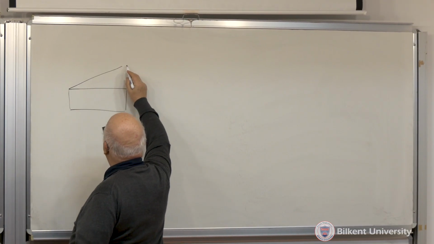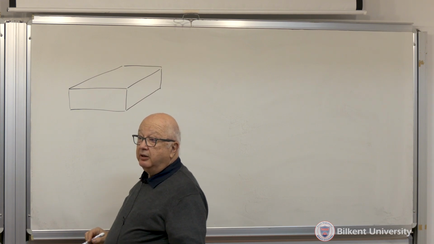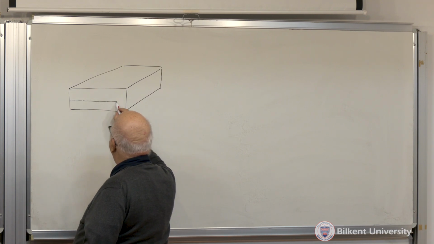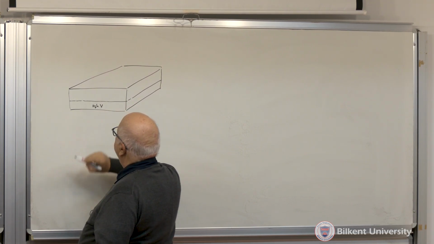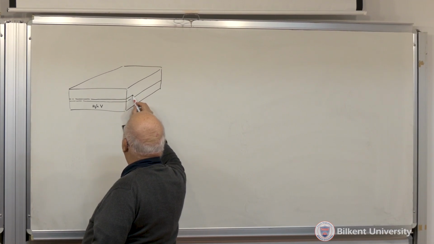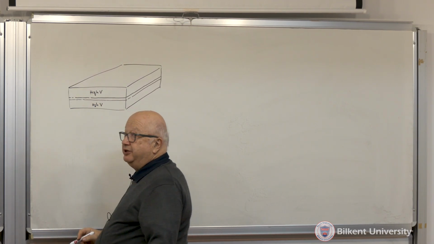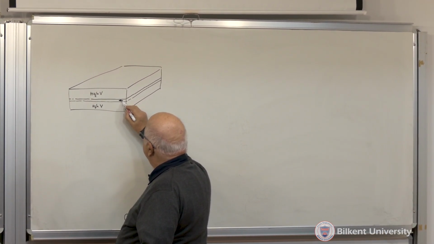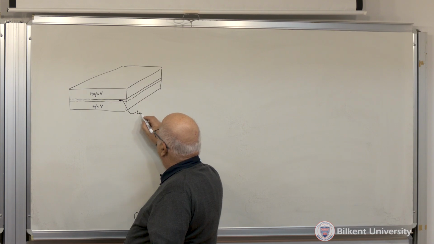So you take a piece of semiconductor like this, and then you construct it in such a way that you dope it with various materials so that this has a high value of the potential, V, over here, and then you just have a layer here, so this is again high value of the potential for electrons, and in between, in the middle here, you have a very thin layer in which you have low potentials.